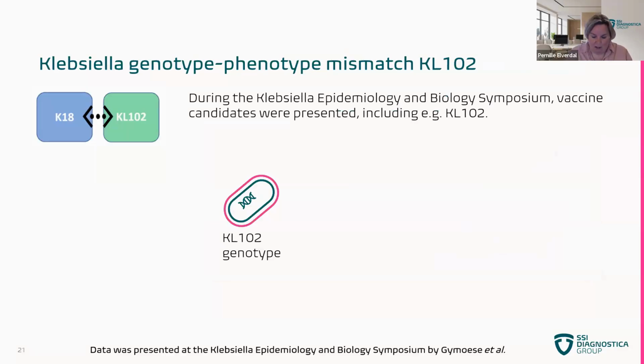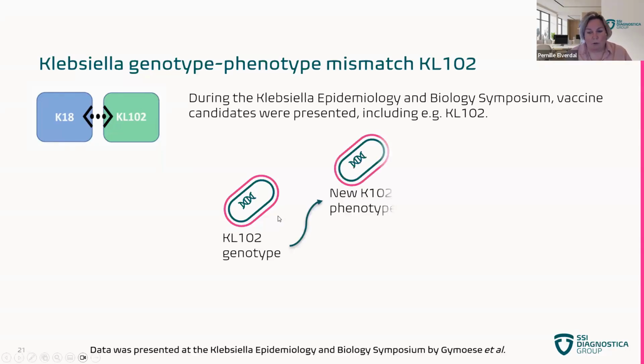And you can say during that vaccine symposium, vaccine candidates were presented by different companies, and a lot of them had included KL102 as a new serotype, which they would put into the vaccine because it was much more prevalent than the other ones. So they were looking at KL102, which was a genotype, but was it actually a new genotype or phenotype?